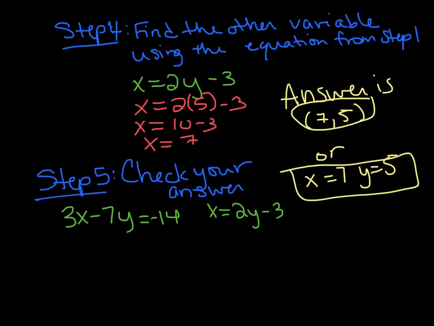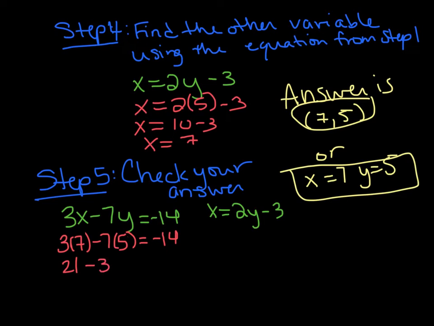So for my first equation, I get 3 times 5 minus 7 times 7. Oops, I made a mistake. So I get 3 times 7 minus 7 times 5 equals negative 14.